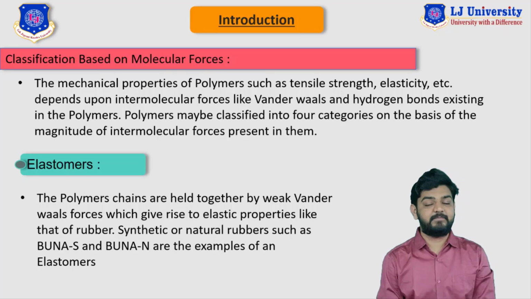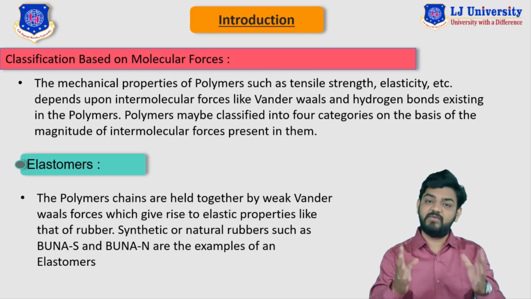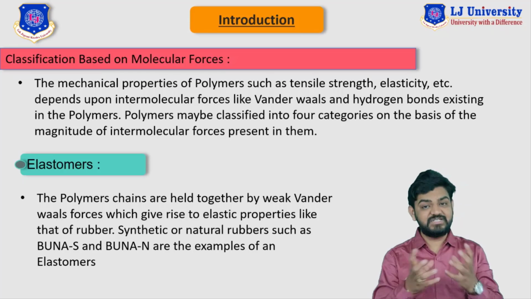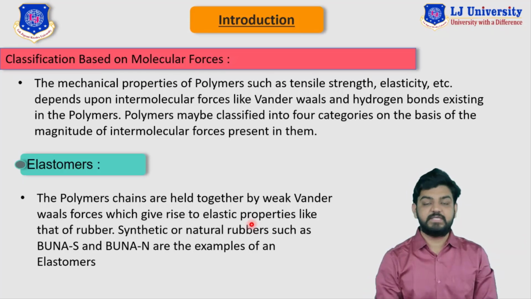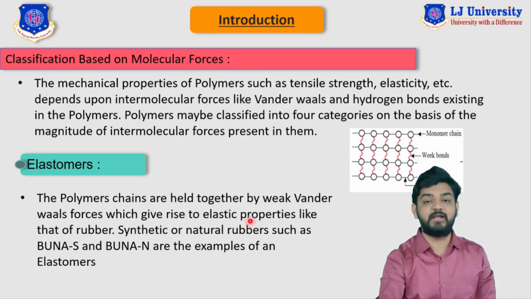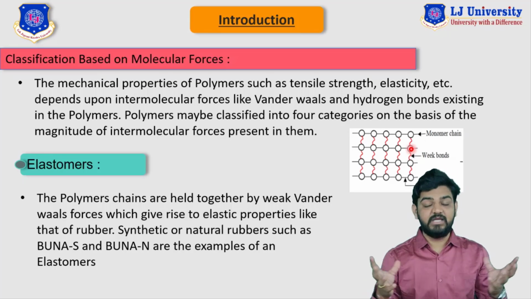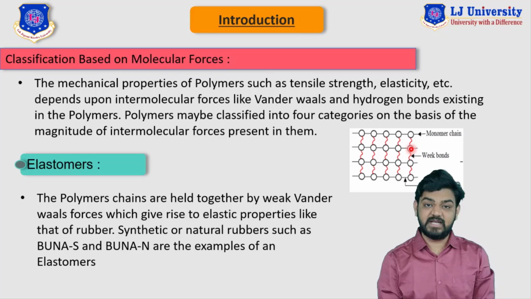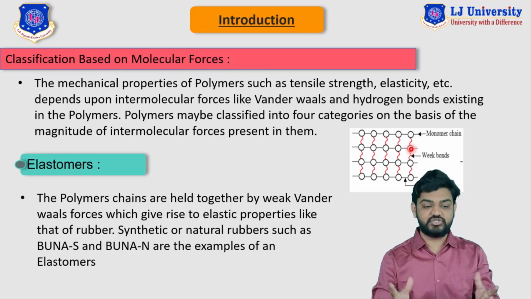So this van der Waals bond provides the elasticity in the polymer. As you can see in this image, this structure of the polymer is being connected with the weak van der Waals bond. Here the red line shows the weak van der Waals bonds. So basically this bond provides elasticity to the polymer and hence we consider this polymer as the elastomer.